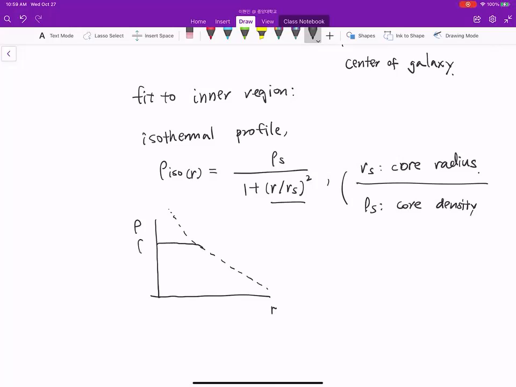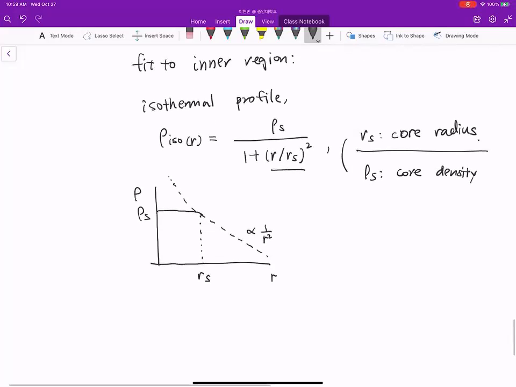So this is the core density, and you can see the deviation from the naive expectation of 1 over R square at the core radius. So maybe most of the dark matter is concentrated within the core radius. This is how you define the core radius.